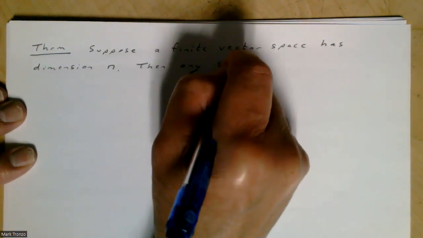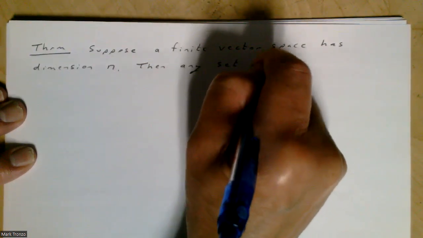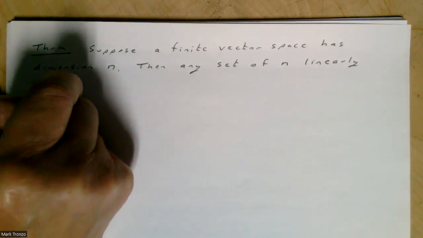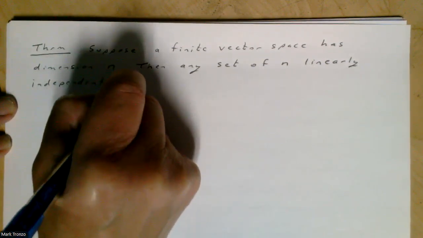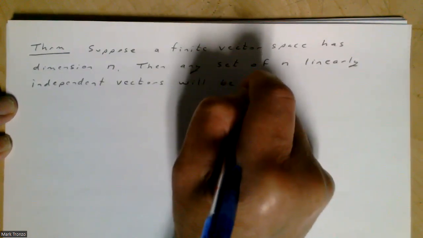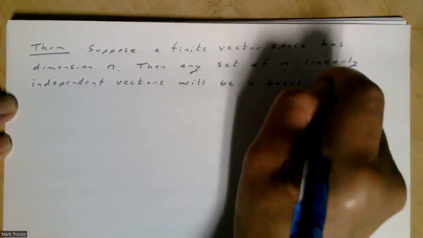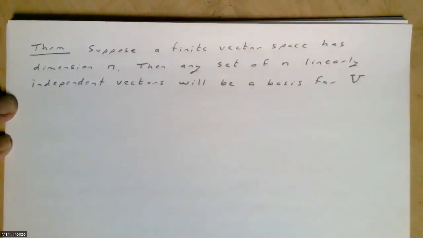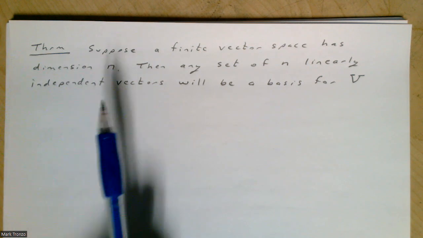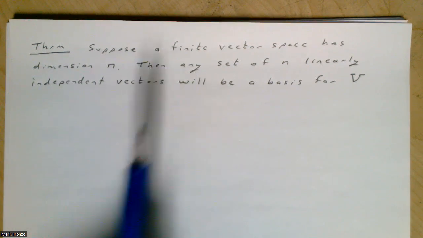Then any set of n linearly independent vectors will be a basis for V. So again, if you have n linearly independent vectors, and the vector space has dimension n, then that set of linearly independent vectors will be a basis.